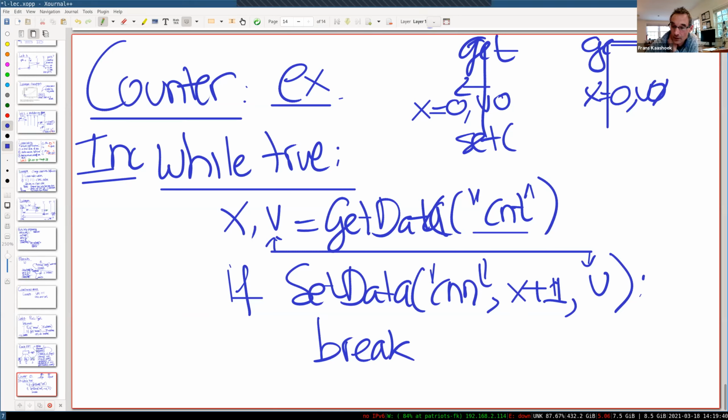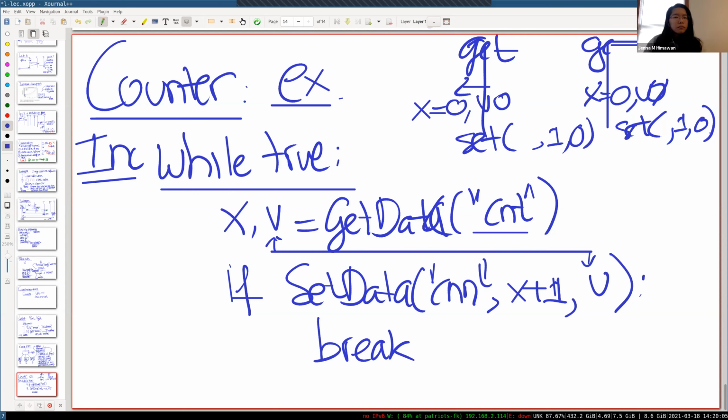They set data with x as 1, version number 0. This one does the same thing: set 1, 0. So both clients issue those two set operations. Are both set operations going to succeed? Well, no. And why not?